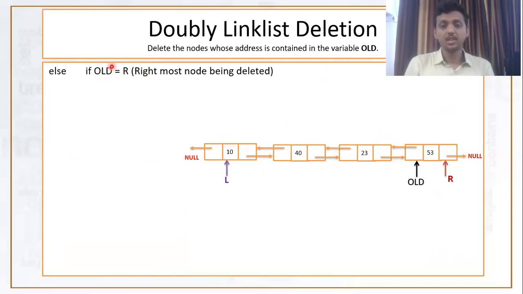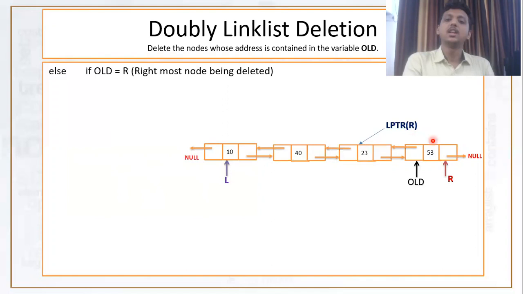Now tell me, what happens? I just need to move my old pointer from R to the left side of R. So the right pointer is pointing to LPTR of R. This node is known as LPTR of R. For doing any operation in a linked list, we need names, meaning pointer allocations.